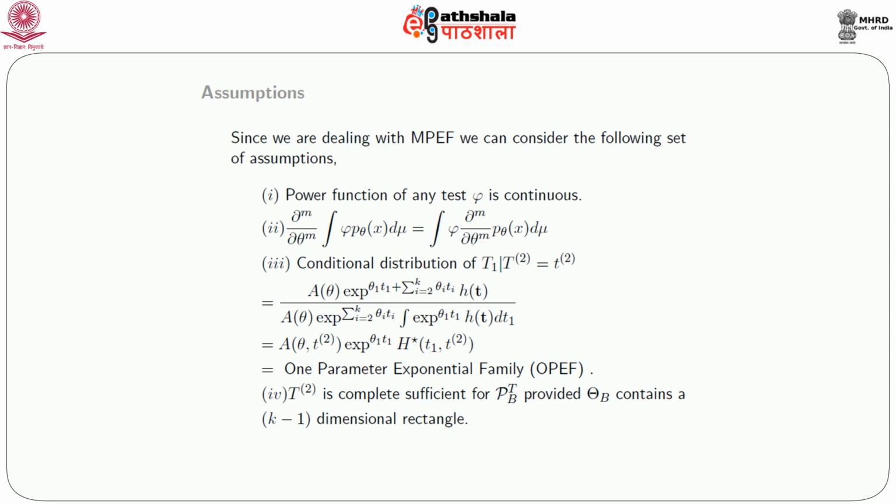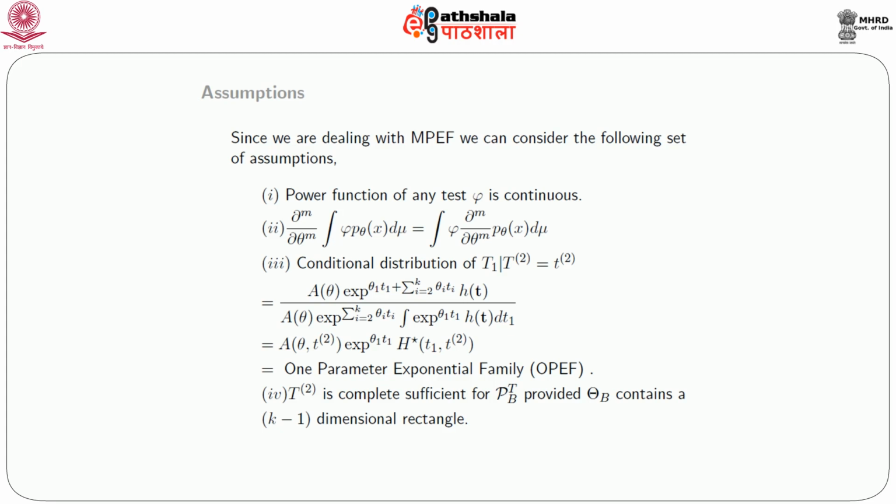That is, we can interchange the differential sign over the integral sign. Number 3, the conditional distribution of T1 given T upper 2 is of the form of one parameter exponential family. This is the same form as before. And the fourth assumption is T upper 2 is complete sufficient for P B T provided script theta b contains a k minus 1 dimensional rectangle.